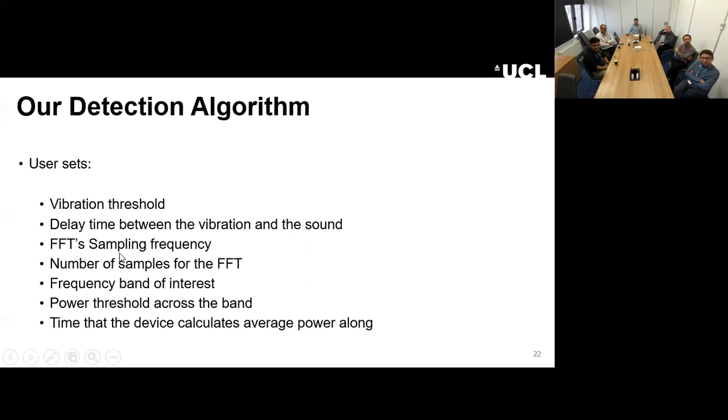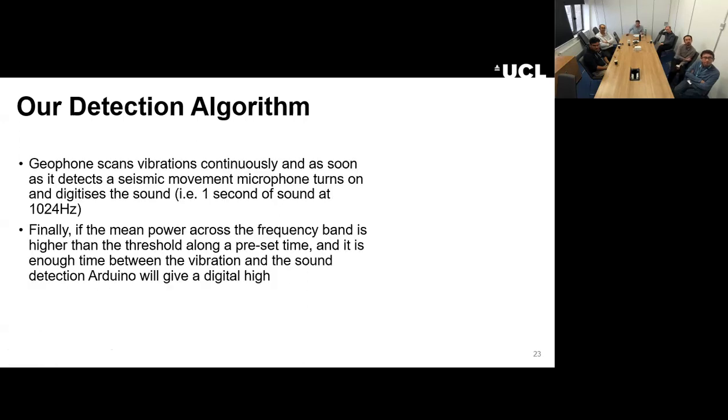The user can also set the sampling frequency, the number of samples of the FFT, the frequency band of interest, which is the frequency range that we are looking for, the power threshold across the band, and the time over which the device calculates the average power. So all these variables should be set by the user according to our detection algorithm.